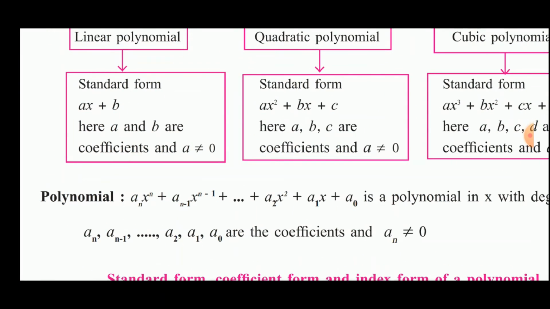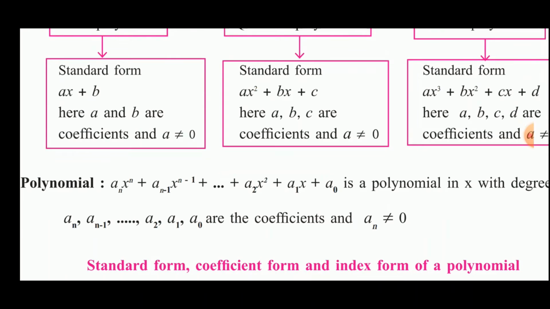So here we can say the polynomial is a n x raised to power n plus a n minus 1 x raised to power n minus 1 plus dash dash dash plus a2 x raised to power 2 plus a1 x raised to power 1 plus a0.